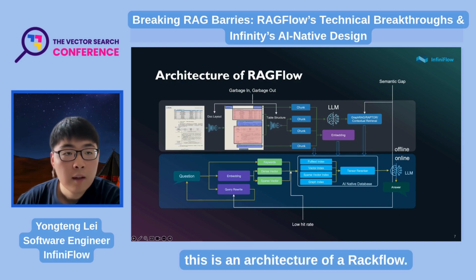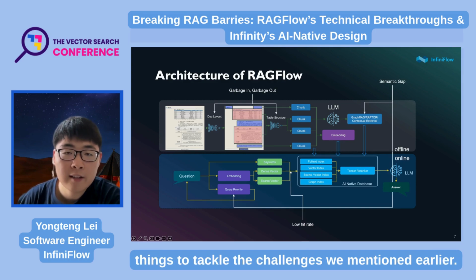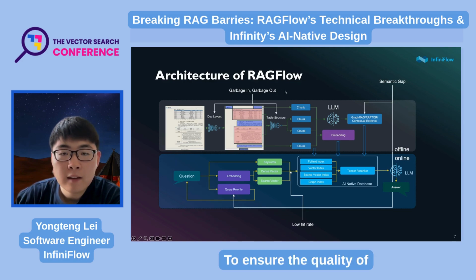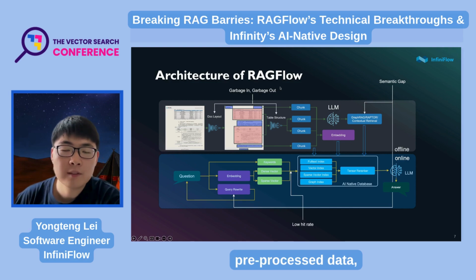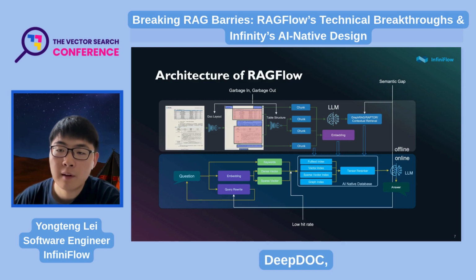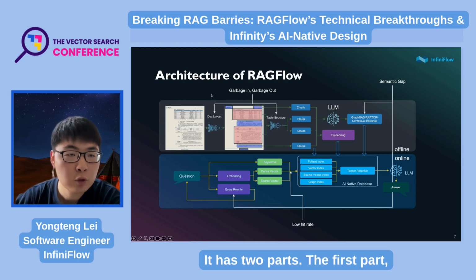Okay, this is the architecture of RAGFlow. We could see that RAGFlow really did a lot of things to tackle the challenges we mentioned earlier. To ensure the quality of pre-processed data, we developed a series of models called DeepDoc, which refers to Deep Document Understanding. It has two parts.